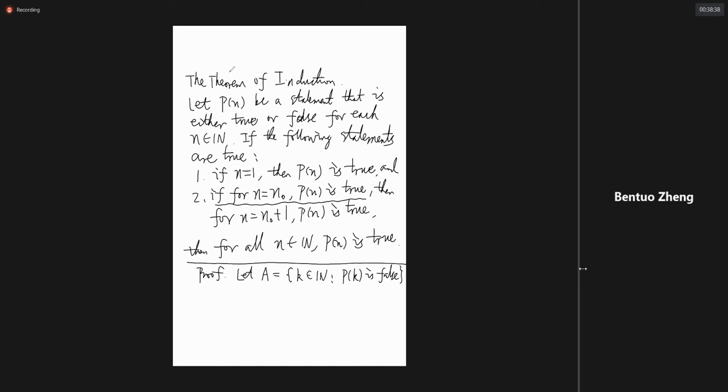Okay, so for this set A, there will be two cases. The first case is A is empty.